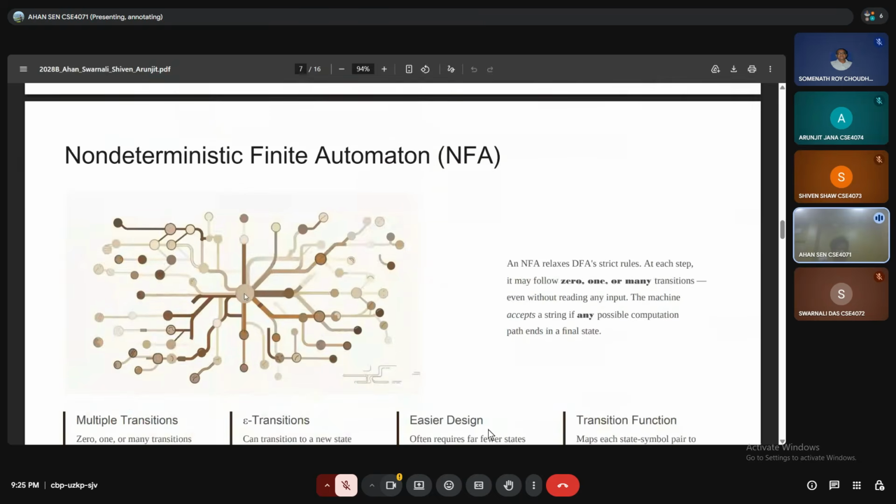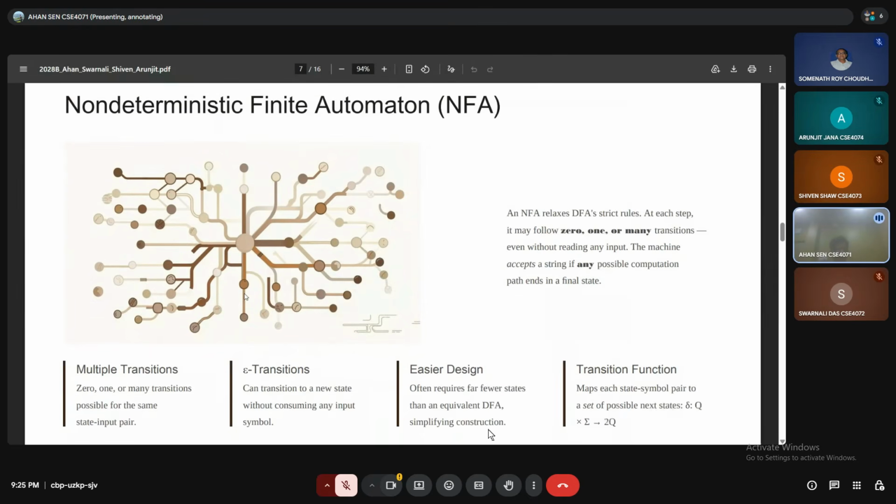Then there is a non-deterministic finite automaton. The difference between NFA and DFA is that here many transitions can be possible from the same state input pair. It can be 0, 1, or even more than that. In NFA, there is a possibility that a zero power sigma transition, that is epsilon transitions, can happen where there are no input symbols.